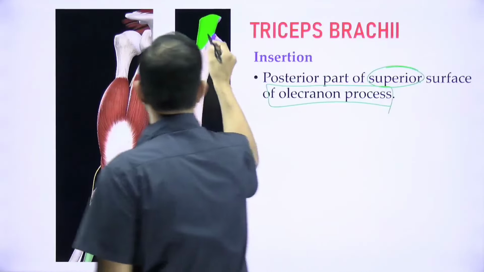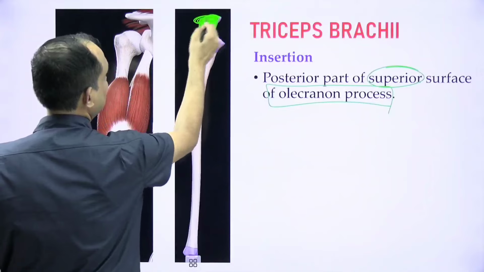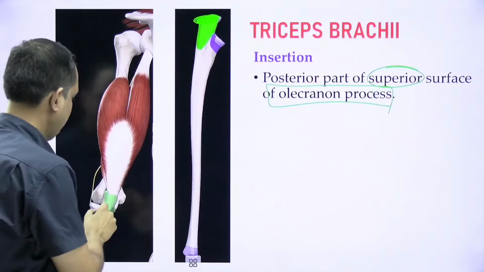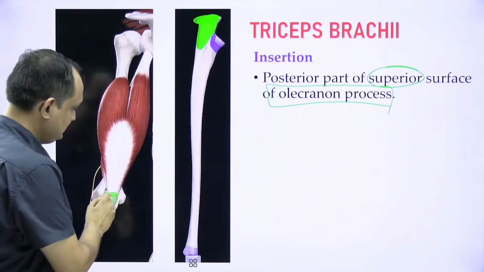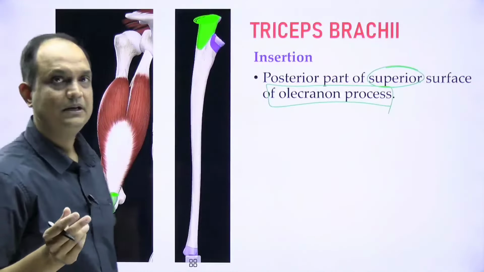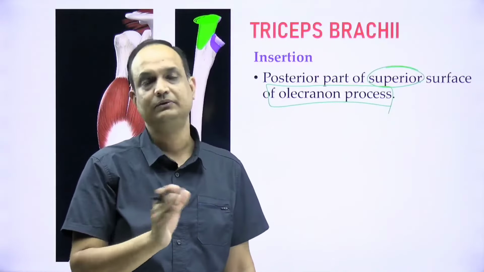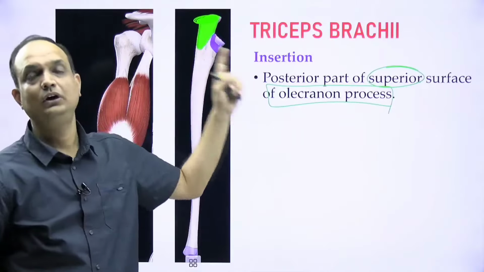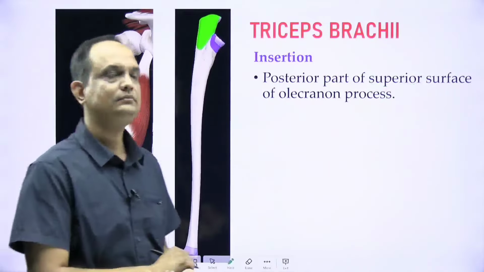So, this is the point of insertion, which you can appreciate here. This part is receiving the insertion of triceps. So, what is the origin of triceps? From the scapula and humerus. What is the insertion of triceps? On this part of the olecranon process of the ulna.